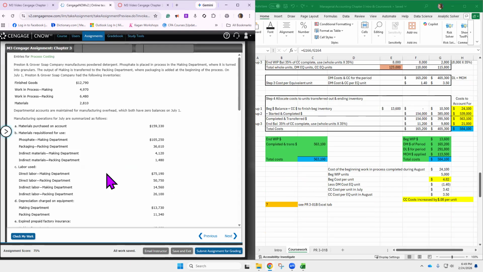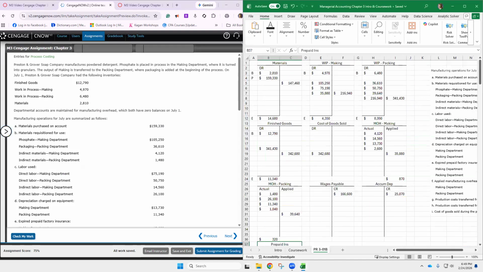Okay, this is a set of journal entries for having more than one WIP. So I have started with some T accounts. If you want, you can make yours, but I have blank T accounts here. I've started with materials.